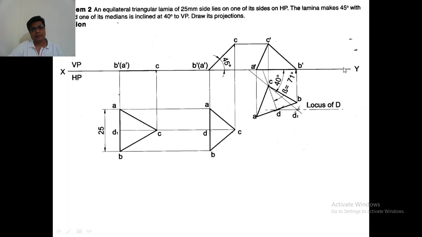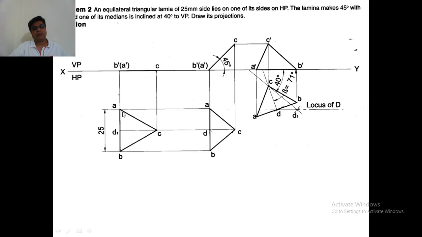Basically, the drawing procedure is the same, but here we should consider some extra factors, extra concepts. You would understand when the condition under which the plane is lying in the first quadrant is changed here. So just have a look at this problem.